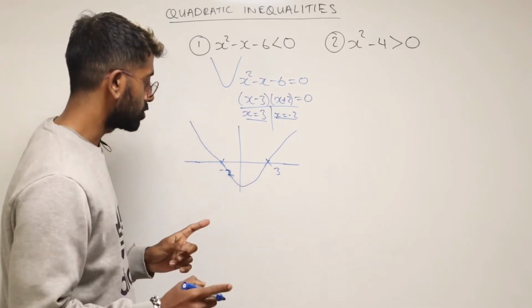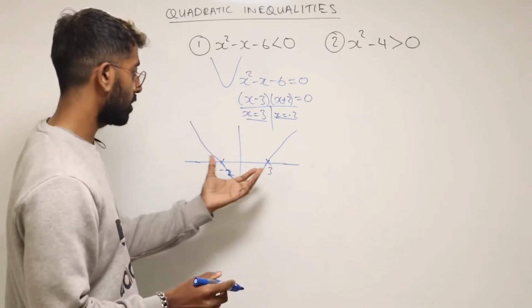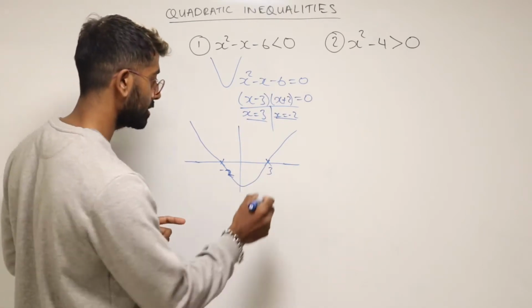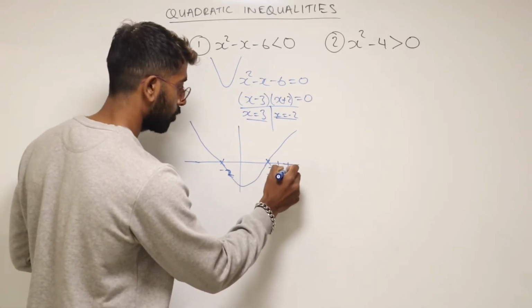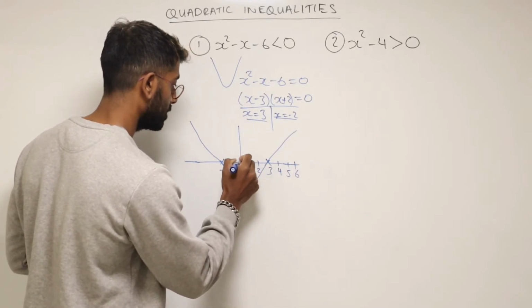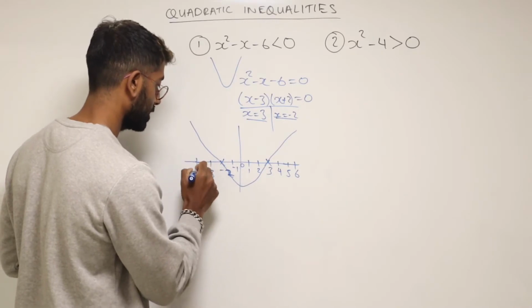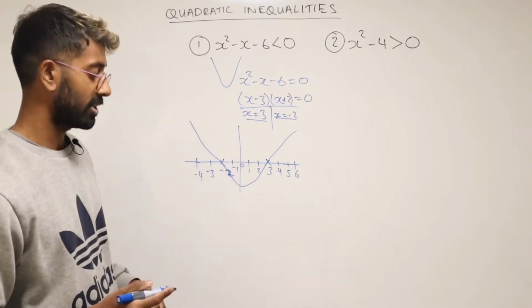And now that we've labelled some of our x values along this axis here, I'm just going to label a few more. So 4, 5 and 6 on this side. We'll have 2, 1 and 0 in here. And we'll have minus 1, and on this side minus 3 and minus 4, etc.